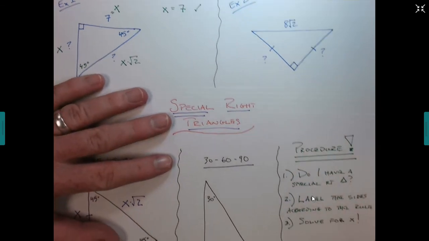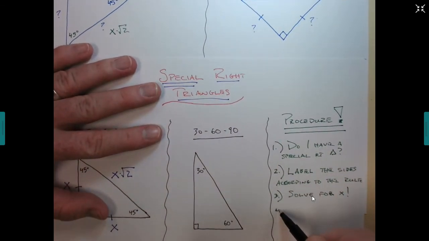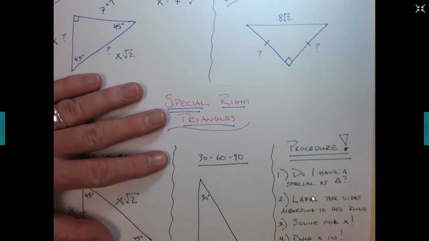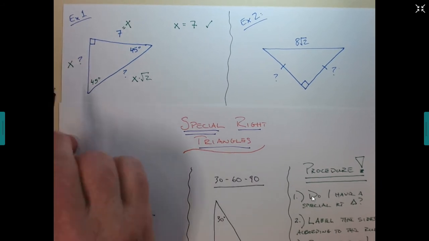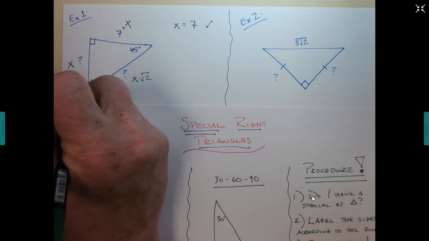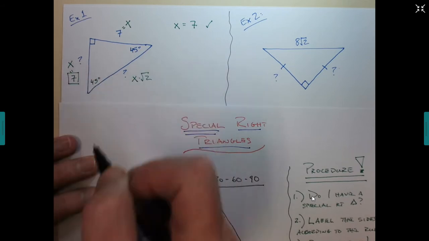If I know what x is, then I'm just down to my final step. All I got to do is plug the value of x in everywhere else. It's a simple 4-step procedure. So if I know x is 7, my side over here is also going to be 7.